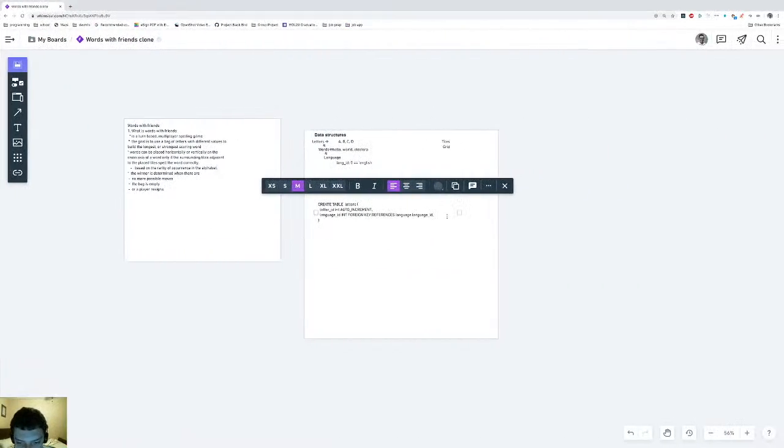So you need a letter ID. It would be nice if they auto incremented, unless you had a specific set, then you would take out auto increment. And then you're going to need a character.